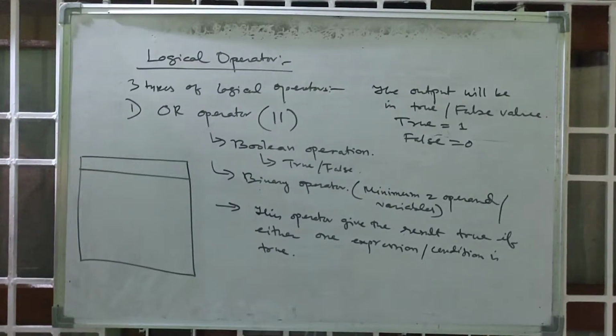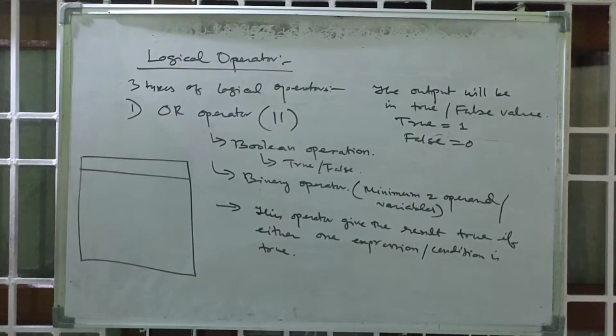So here you can see there is a truth table on the right side, a truth table of the logical OR operator. So what is actually a truth table? A truth table is a mathematical table used in logic, specifically in connection with Boolean algebra. A truth table shows how the truth or falsity of a compound statement depends on the truth or falsity of the simple statements from which it is constructed.